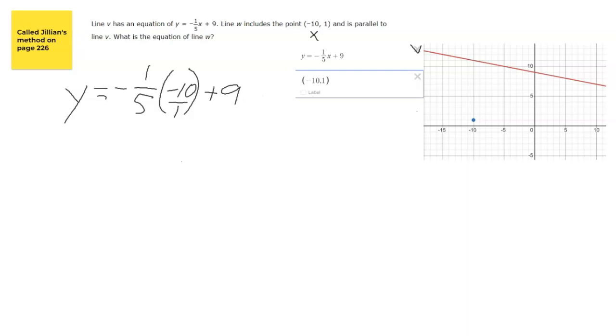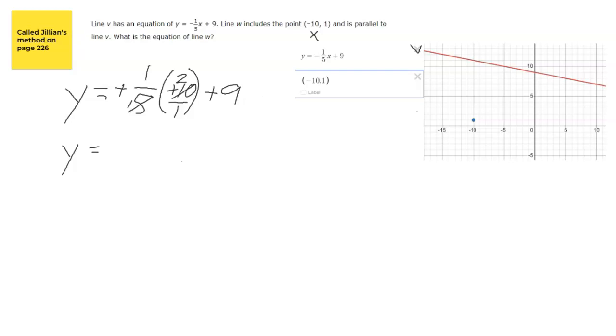So now let's simplify this and find out what y equals. So y equals, a negative times a negative is a positive. So I know that these negatives, when they're multiplied, are going to be positive. And then I see that 5 goes into 10 exactly twice.